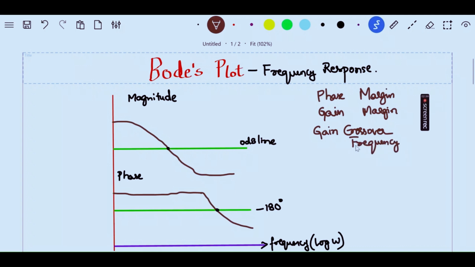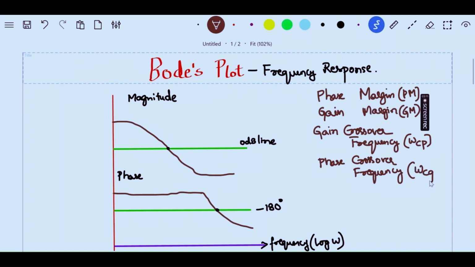In most books, phase margin is denoted by capital PM, gain margin by capital GM, and the gain crossover frequency is denoted with omega CP, whereas the phase crossover frequency is denoted with omega CG.